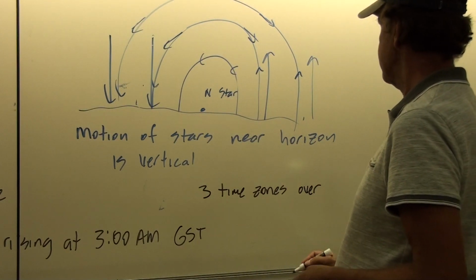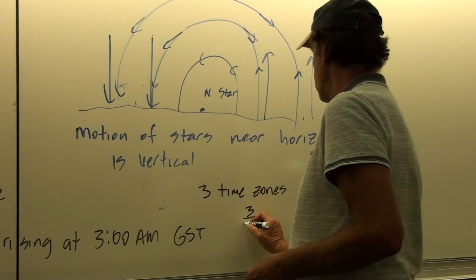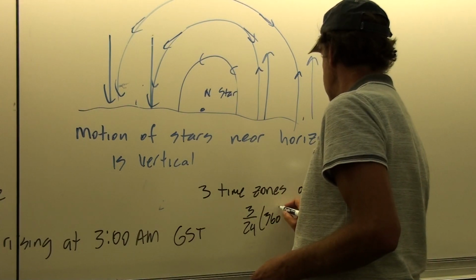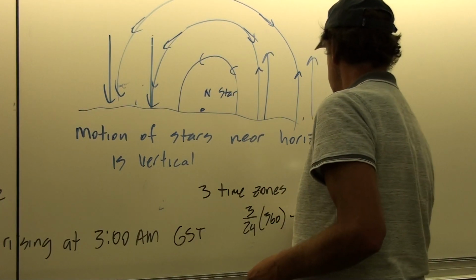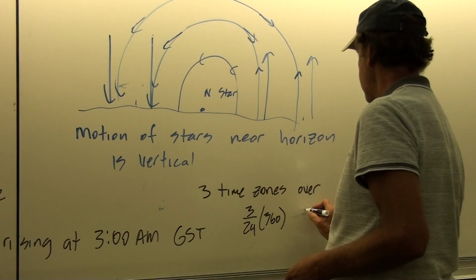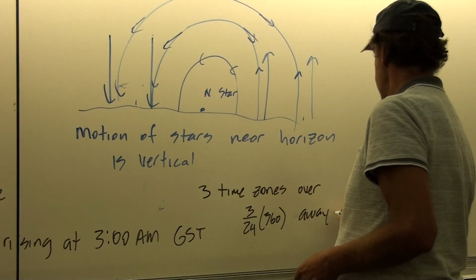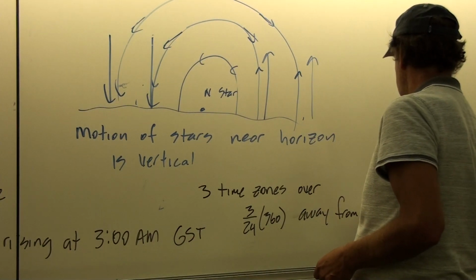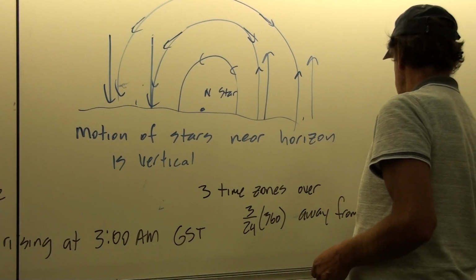So if we're 3 time zones over, that's 3/24ths of 360 degrees longitude. So that's how far we are away from 0 degrees longitude.